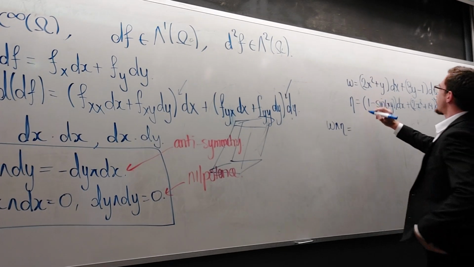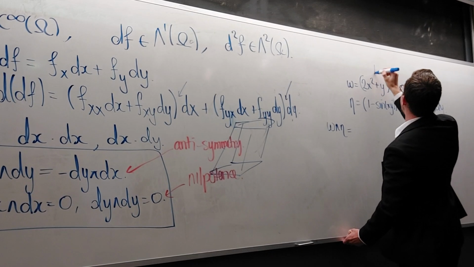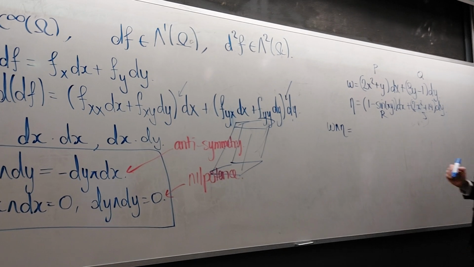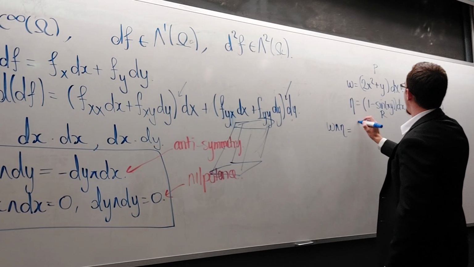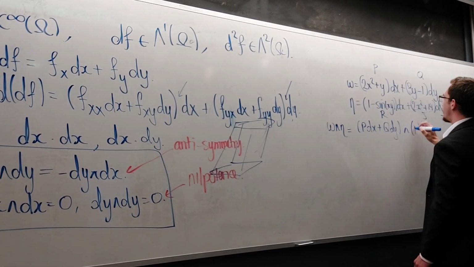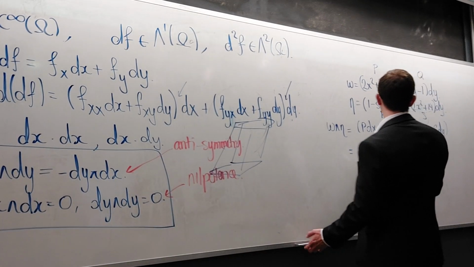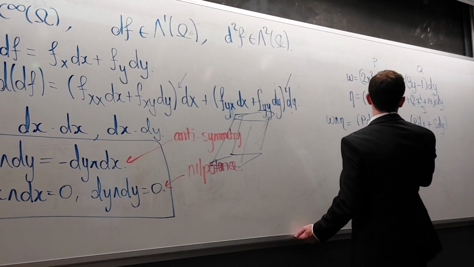Okay, so maybe I'll write this for simplicity as P, Q, R, S. So omega is P dx plus Q dy. Eta is R dx plus S dy. Just for convenience. So I now have to compute P dx plus Q dy, wedge R dx plus S dy. By distributivity, I have PR dx wedge dx.